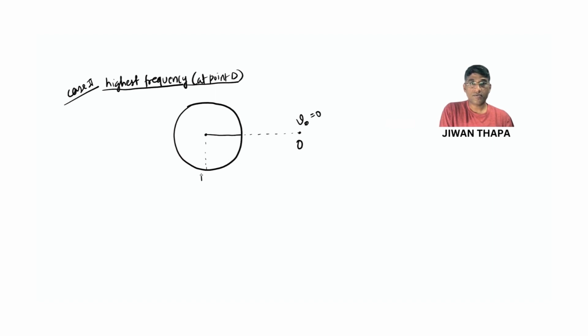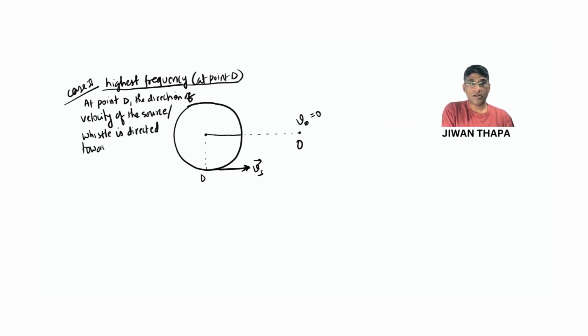So at point D, the direction of velocity of the source, or whistle, is along this direction and is directed towards the observer.